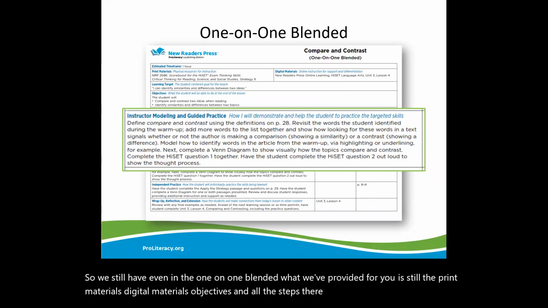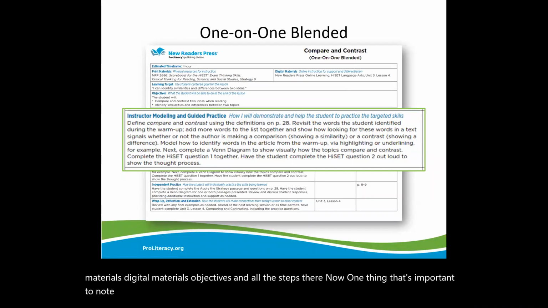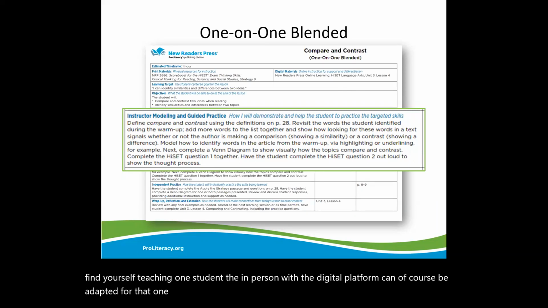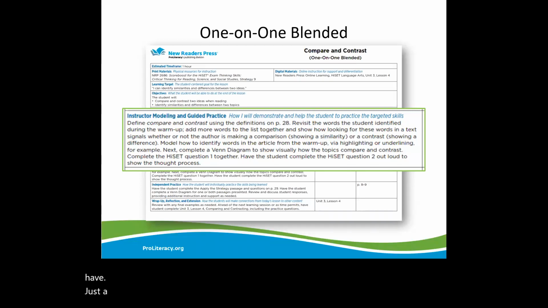Now, one thing that's important to note too is each of these lessons, of course, can be adapted for any of the situations. If you find yourself teaching one student, the in-person with the digital platform can, of course, be adapted for that one-on-one interaction and kind of vice versa. So you really have just a whole vault of things to choose from.